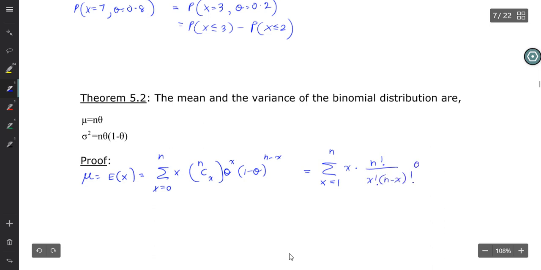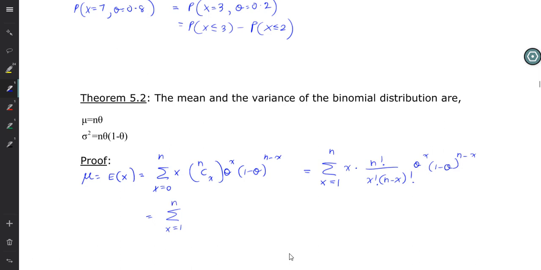So here's the combination, and then you get x goes from 1 to n. This x, if you simplify with x factorial here, you get x times x minus 1 factorial.